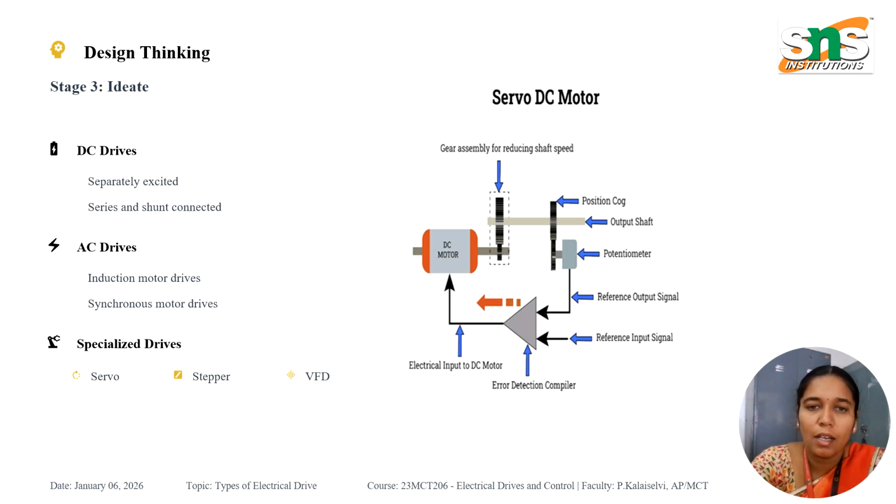AC drives are very common in industries due to simple construction and low maintenance. Specialized drives are used where precision control is required, like servo drive, stepper drive, VFD. These are all specialized drives. In this stage, we compare and shortlist the best drive option depending on application need.